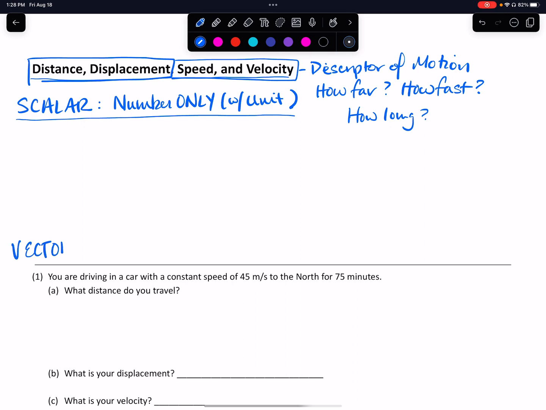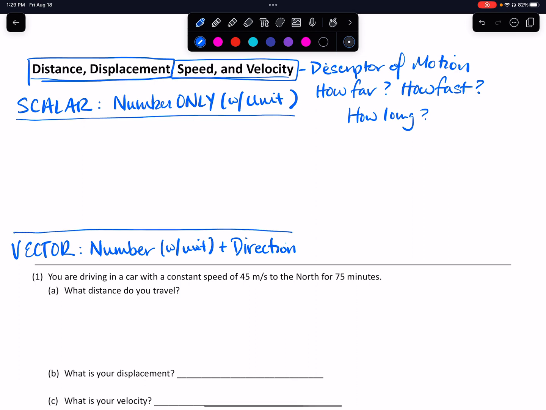The other type of measurement is a vector measurement. A vector includes the number with its unit, just like a scalar, but vectors also include the direction of that motion. That direction can be shown in a couple of different ways.